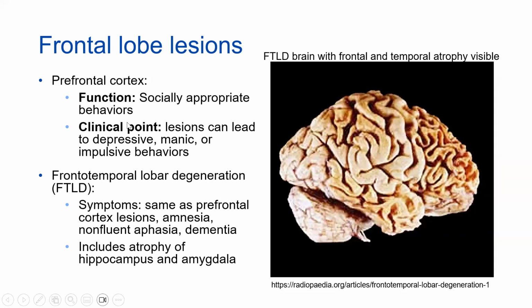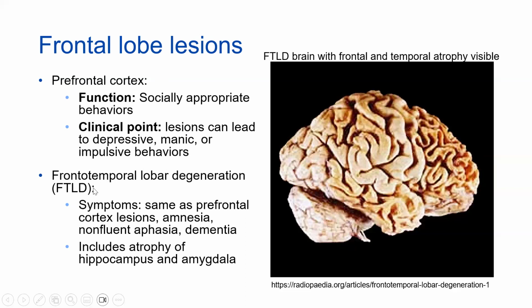So understandably, a clinical point here would be that lesions to the prefrontal cortex can lead to depressive, manic, or impulsive behaviors. There's actually been cases where tumors near the prefrontal cortex leads to patients having socially inappropriate behaviors, and once the tumor is removed, their behavior goes back to normal.